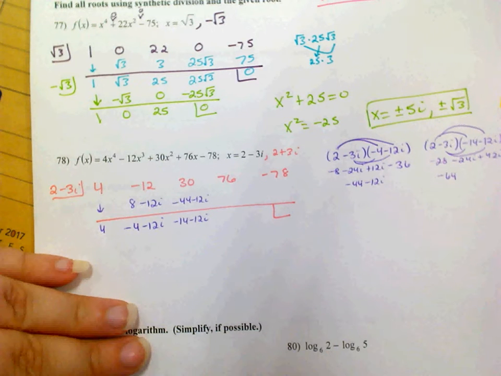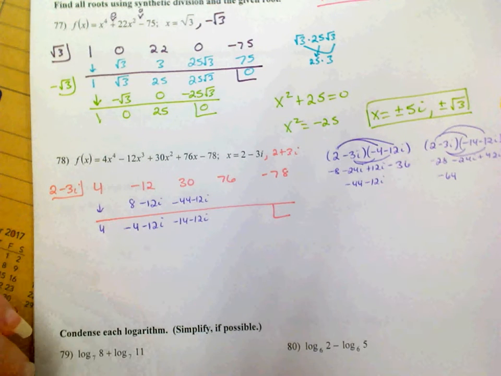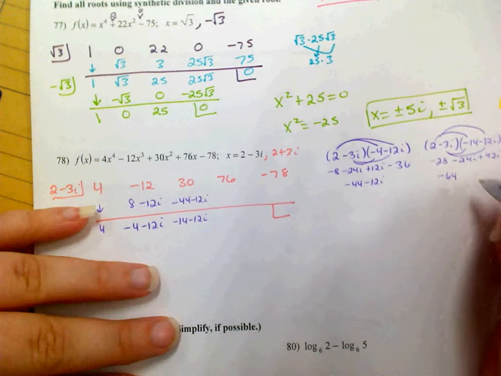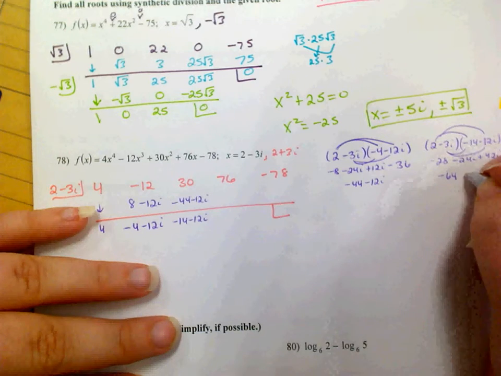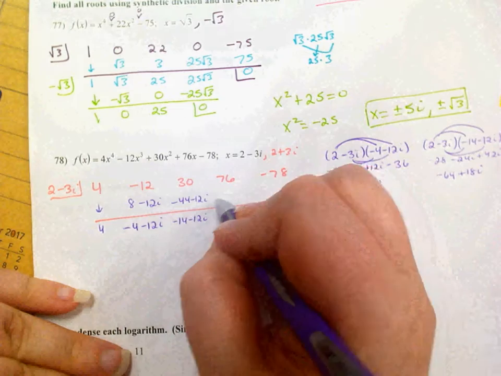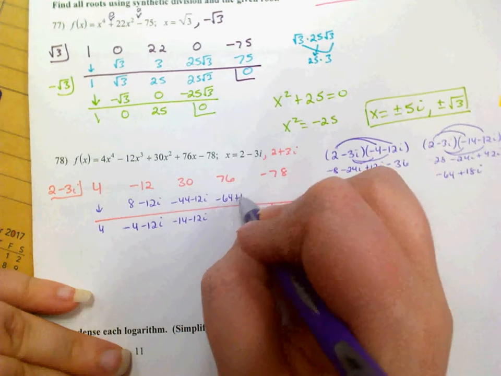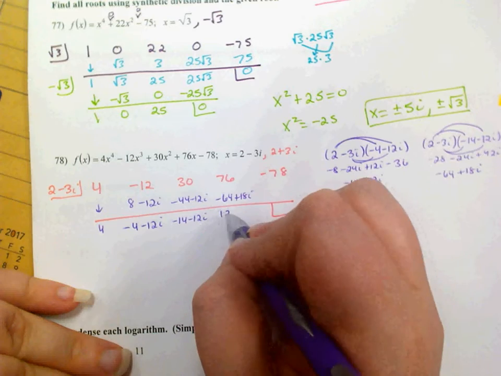And then negative 24i plus 42i is 18i, so plus 18i. So negative 64 plus 18i, and so that's 76 minus 64, that's 12, plus 18i.